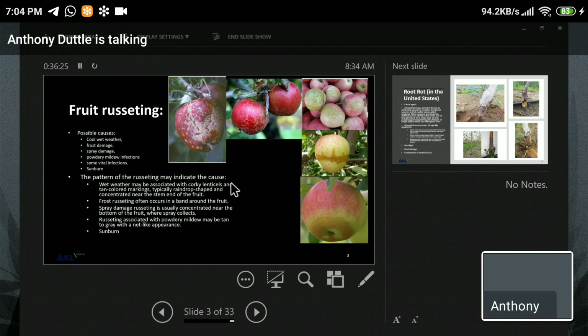Okay. You have a very tender cell tissue, and you have either fertilizers or pesticides that burn around the bottom of the fruit. Okay.